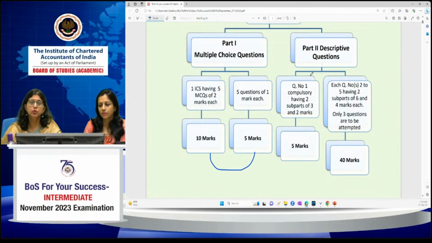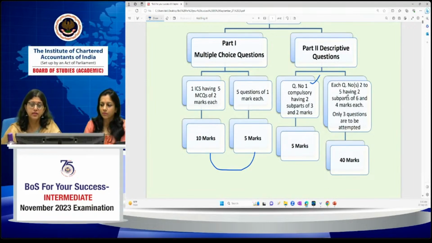Now if we come to part 2, which is descriptive questions, we have one compulsory question which is further subdivided into 2 parts, of 3 and 2 marks respectively. And then we have questions 2 to 5. So we will have 4 questions here, out of which you will be given a choice to answer only 3 questions.